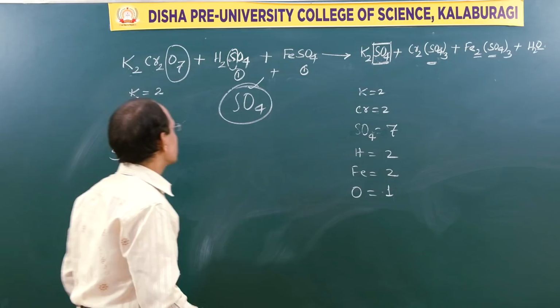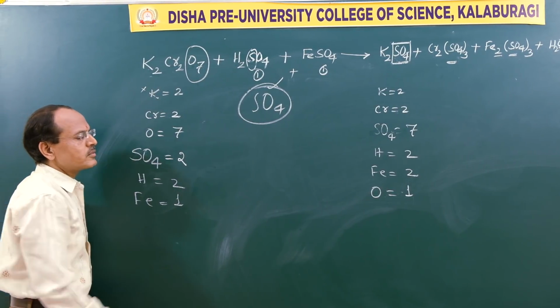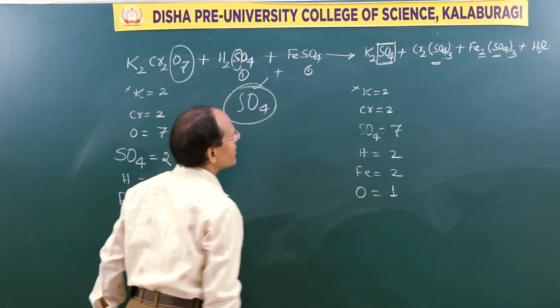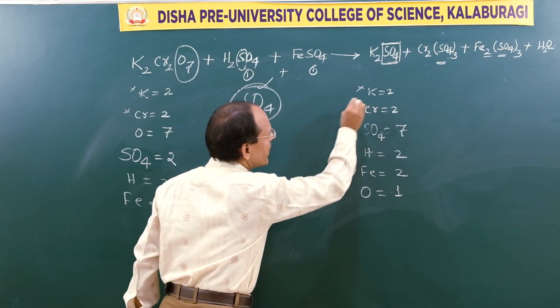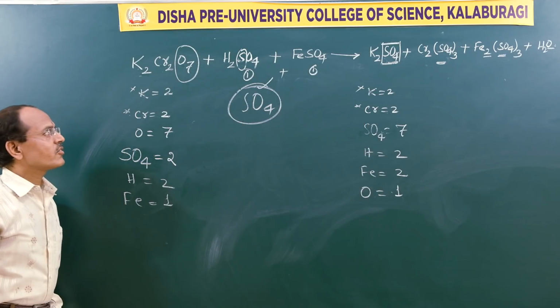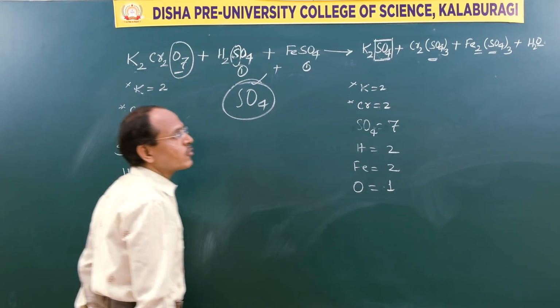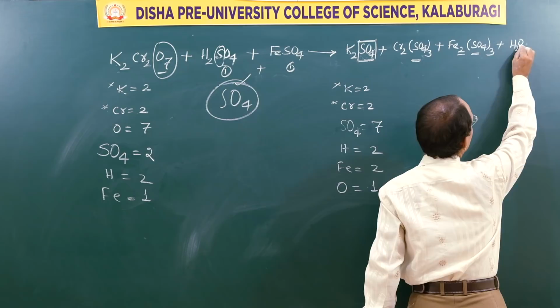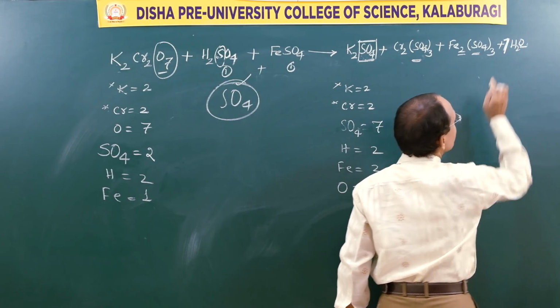Okay, now first, from the potassium point of view, no problem, it is already balanced. From the chromium point of view, no problem, it is also balanced. Then from the oxygen point of view, here it is 7, but here it is only 1. What is the minimum requirement? 7 should be there.